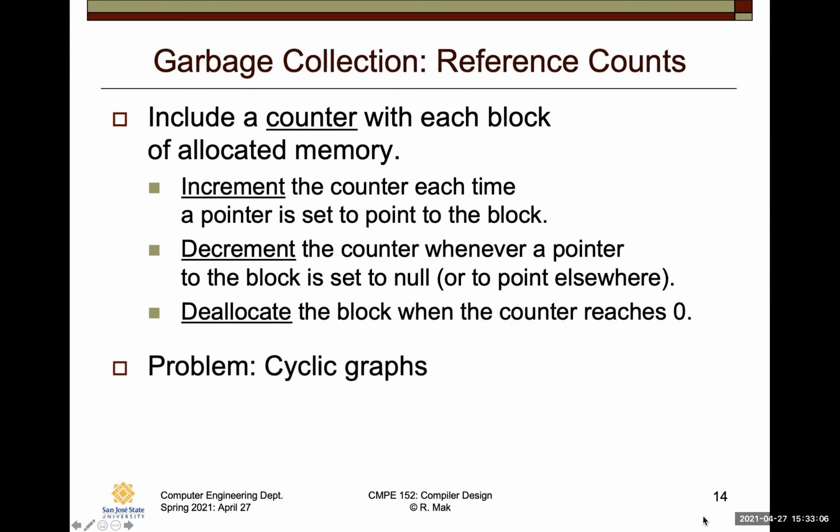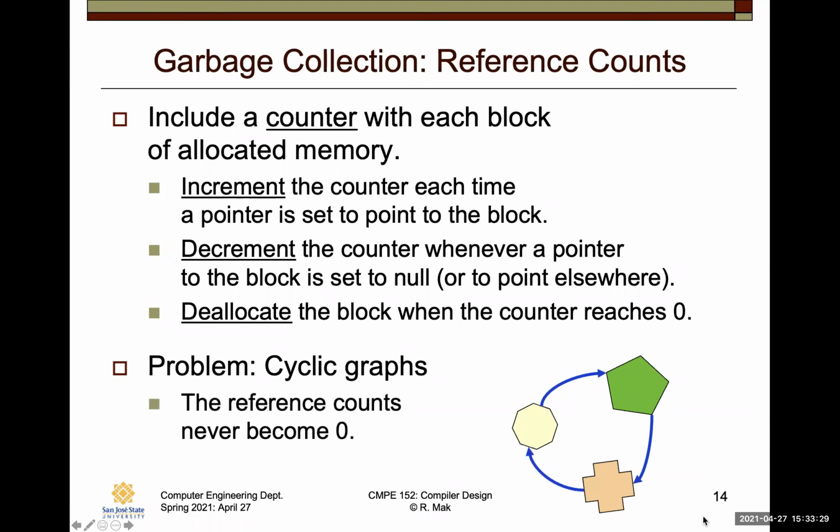Okay. Now, this mainly works until you have cyclic graphs. Okay, and here's an example of it. We've got 3 objects in the heap. I'm showing 3 objects, and there's some data structure, and each object points to another object, and so you have a cyclic graph here.